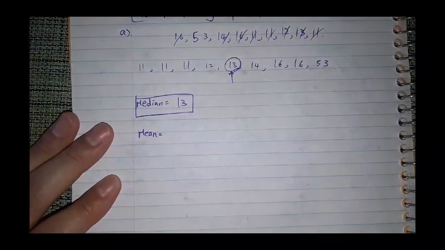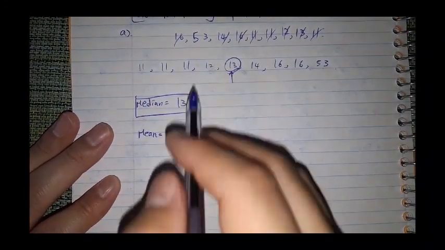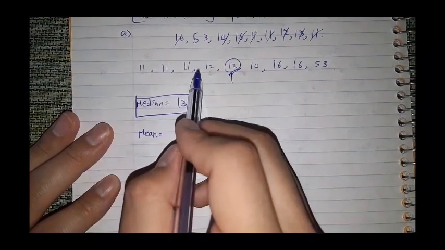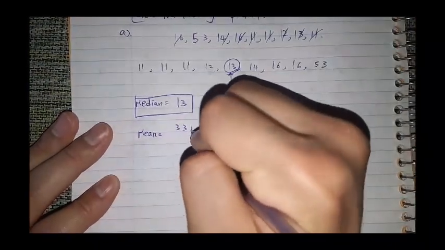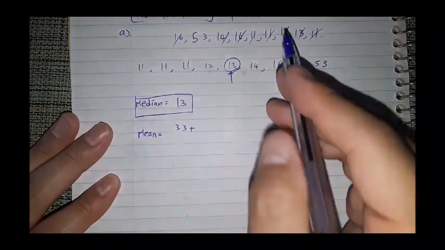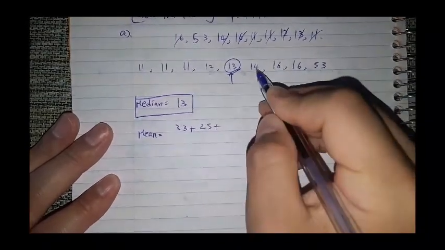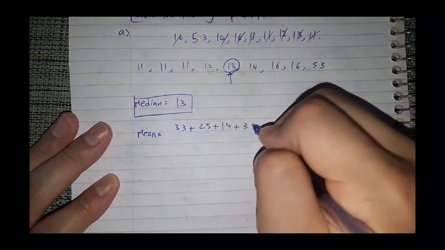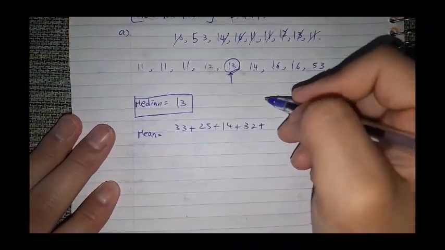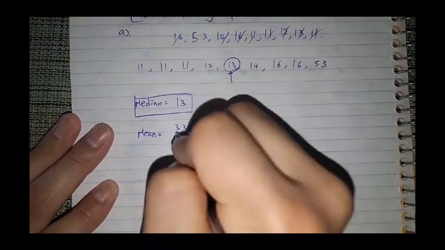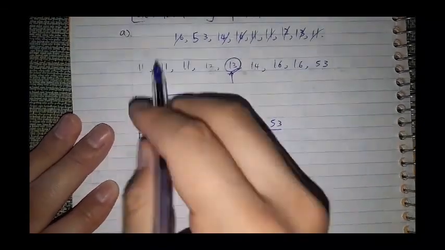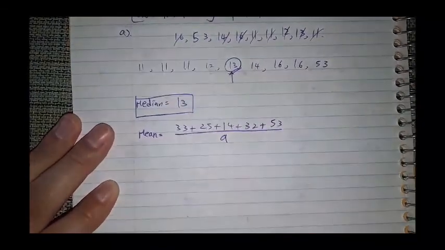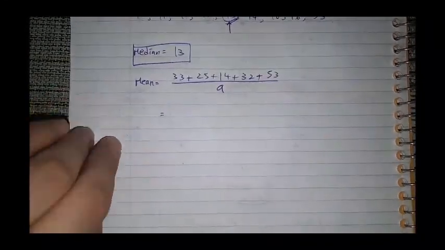Mean calculation. It's a little tricky. You need to add every single thing. 11, 11, 11. Let's add them all together. That's 33. 12 plus 13, that's 25. 14, 16 and 16, that's 46. 53. Then we have a total of 9 data. So let's add everything up.